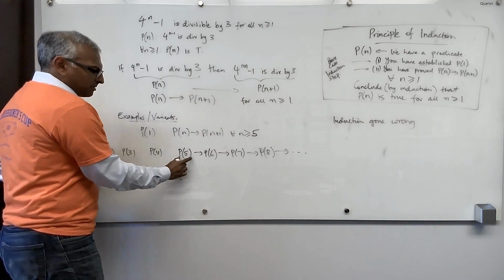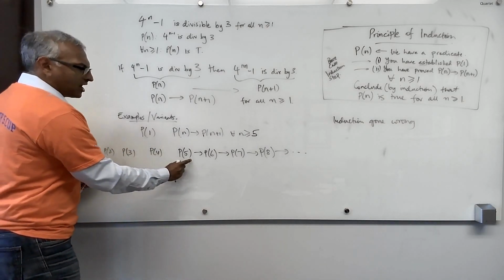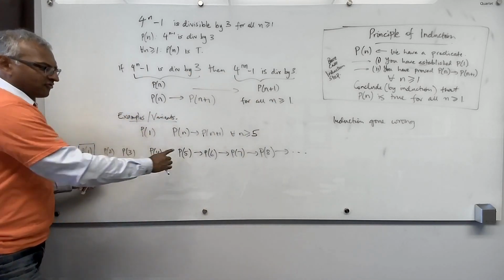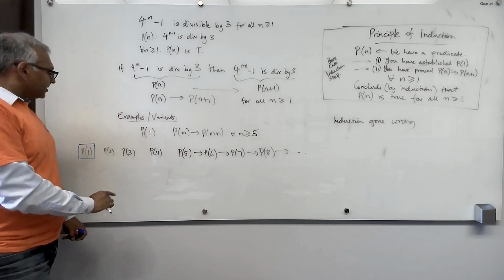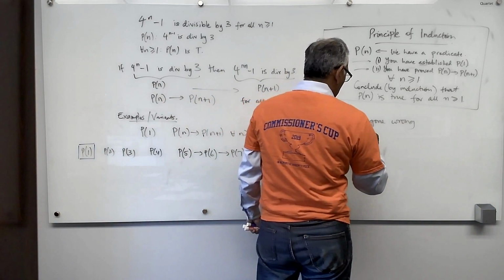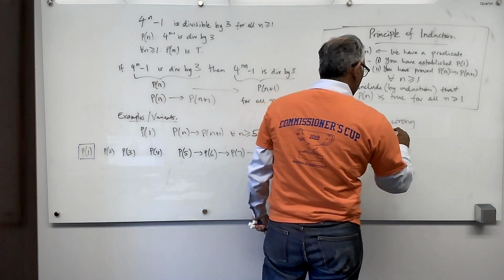In this case, if you had proved P of 5, you would set up a chain reaction that would allow you to conclude from 5 onwards, and you could prove the rest separately. But this is the wrong base case. So induction gone wrong: either wrong or no base case.